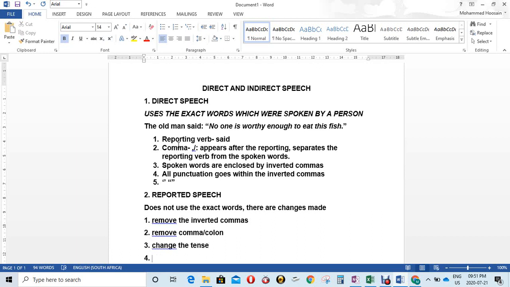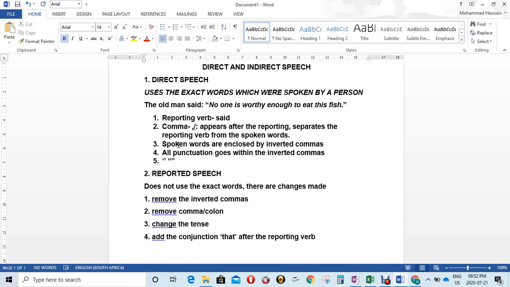Number four, we need to add the conjunction that after the reporting verb. And lastly, we are going to change any adverbs or pronouns. Let's have a look at the changes.